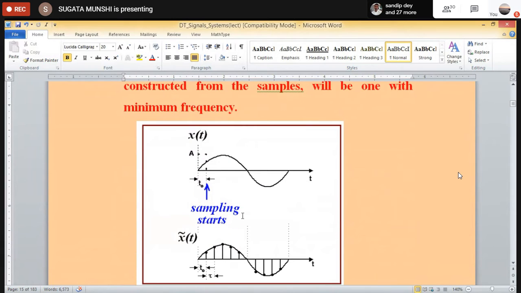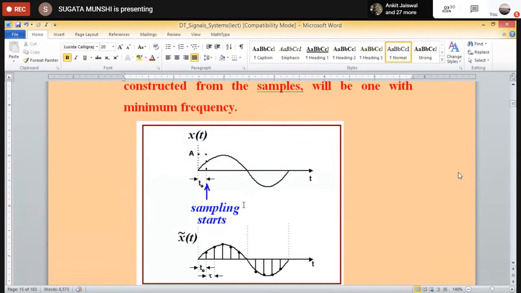One thing is clear, that these are the samples obtained. If the sampling frequency is very large compared to the frequency of the analog sinusoid, then the samples will uniquely represent that analog sinusoid x(t).